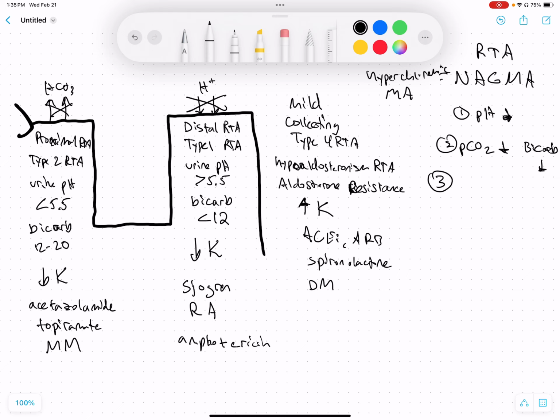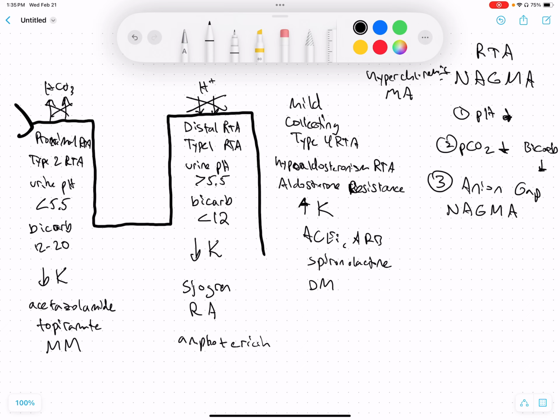For me, rule number 3 in acid-base is calculate the anion gap. And in RTAs, it'll be a non-anion gap metabolic acidosis. You will not have an anion gap.